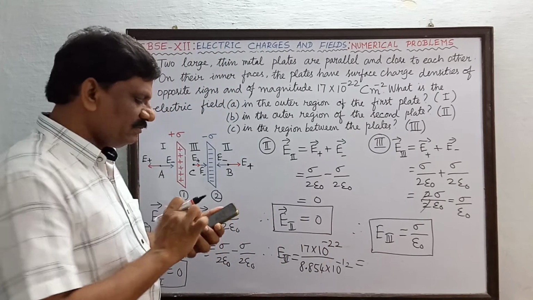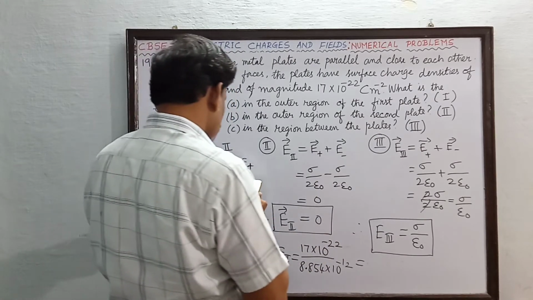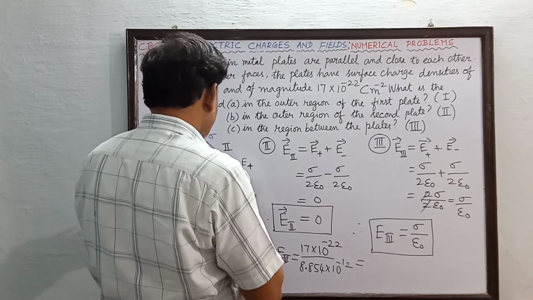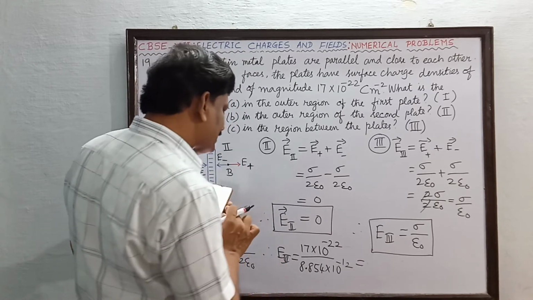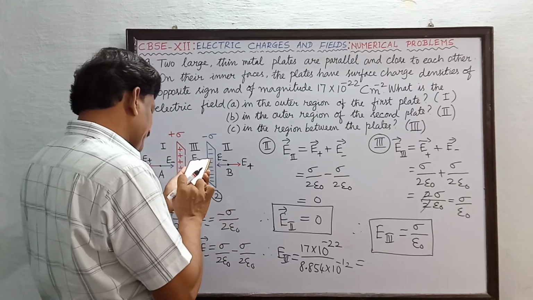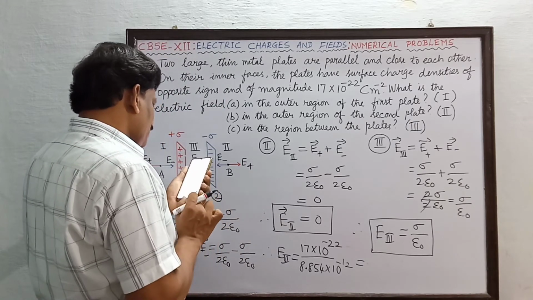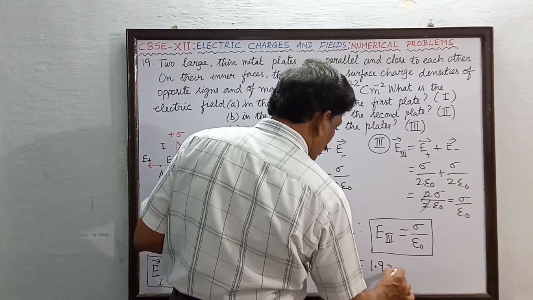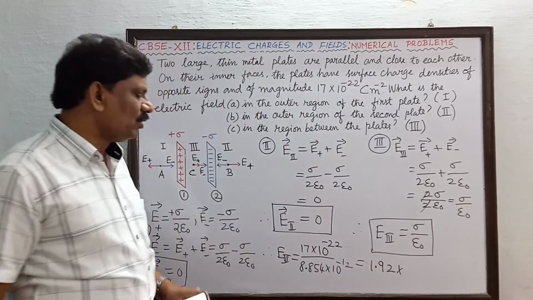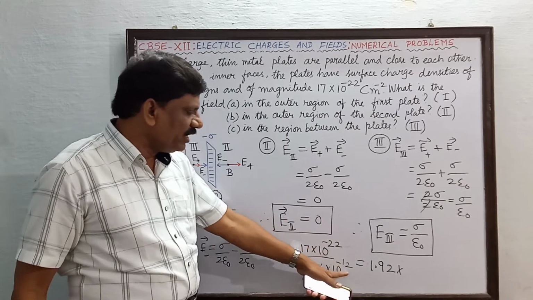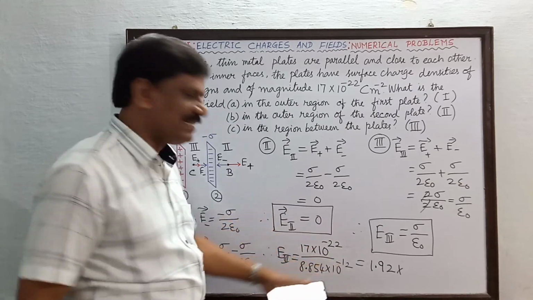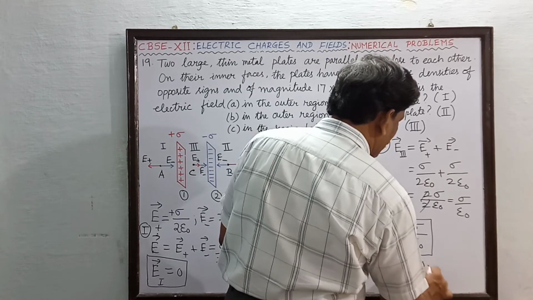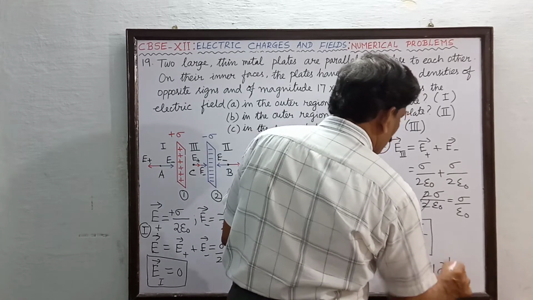So 17 divided by 8.85, this is coming as 1.92. 10 powers here minus 22, here minus 12. The remaining is minus 10. So 1.92 into 10 power minus 10 Newton per Coulomb.